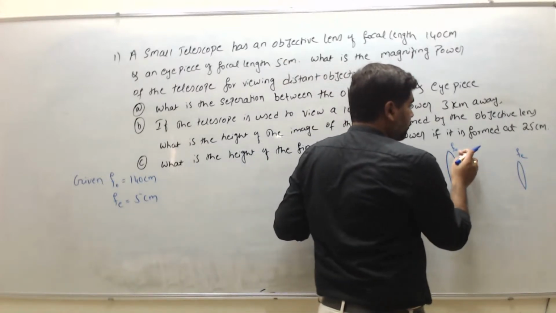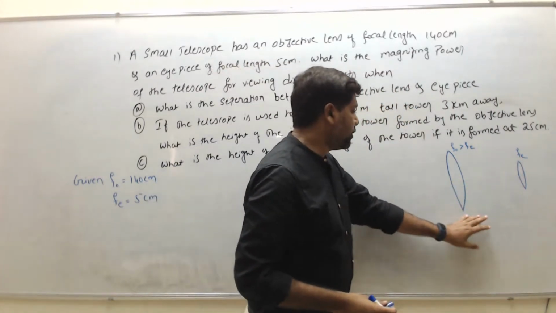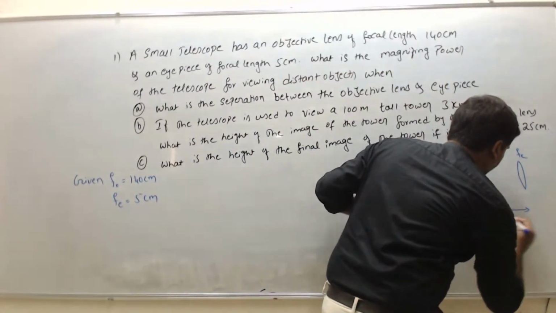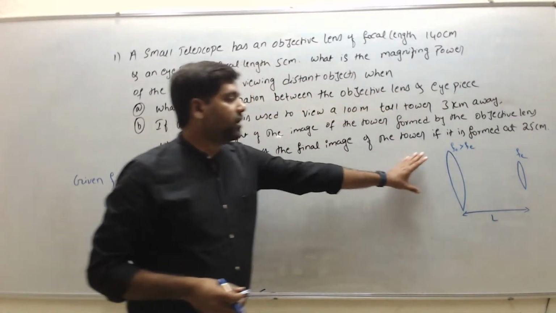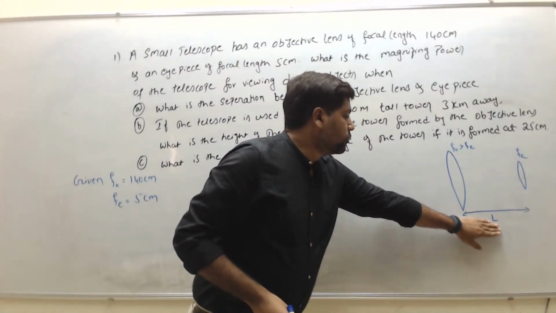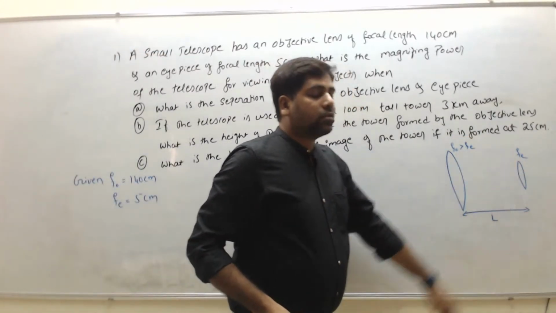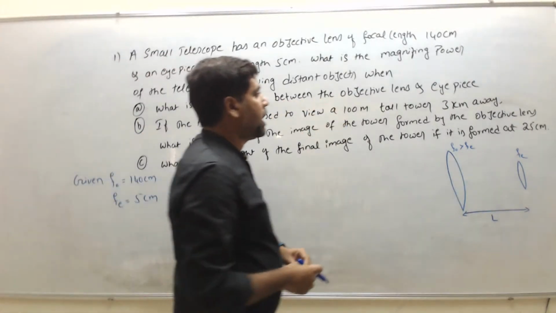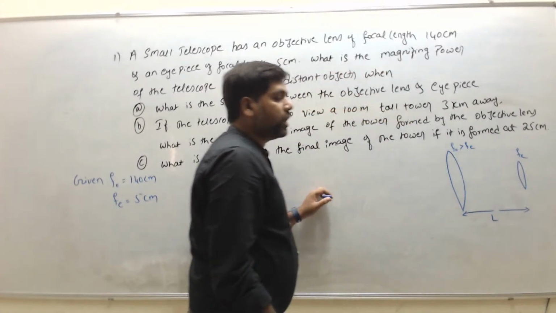Here the focal length of the objective is greater than the focal length of the eyepiece, and the distance between the objective and the eyepiece is taken as the length of the telescope, that is L. If you remember the diagram of the telescope, L is the length of the telescope. So L is equal to the focal length of the objective plus the focal length of the eyepiece. This separation we call the length of the telescope.